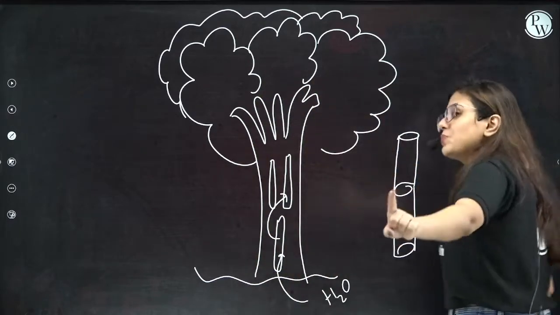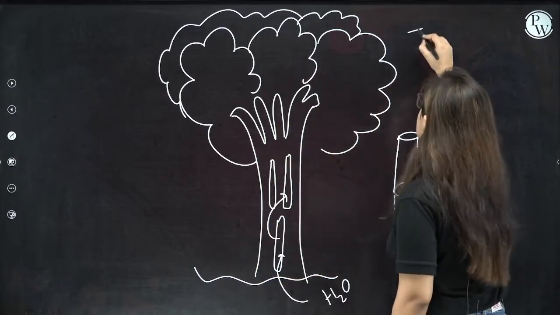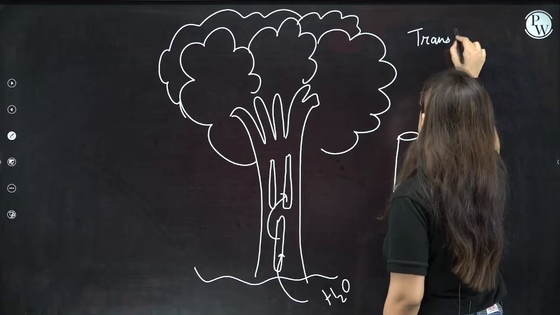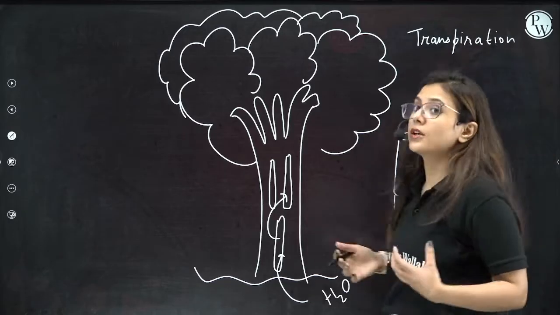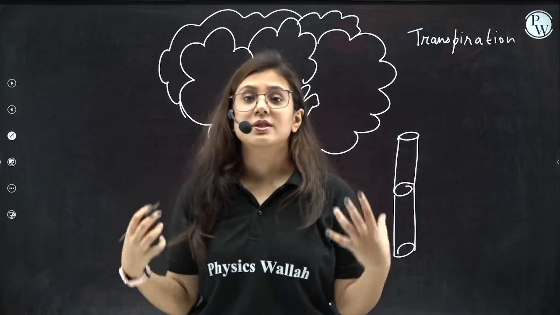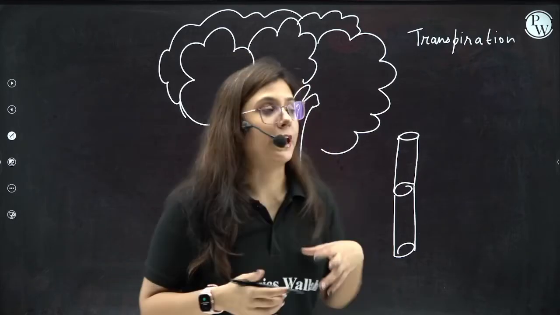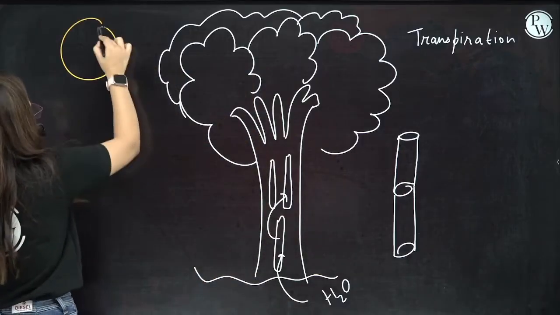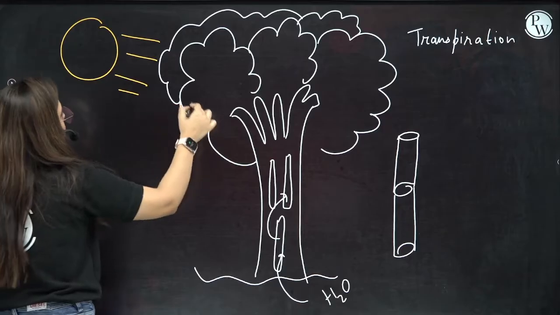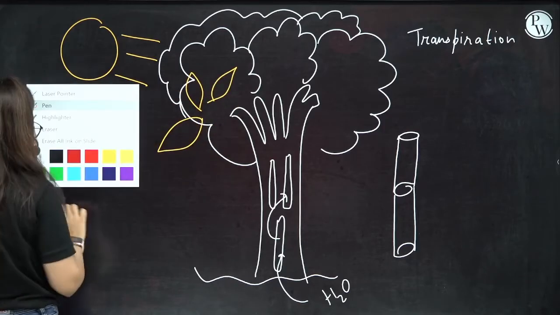So one more process that is helping in transportation of water is transpiration. So what is transpiration? Just like in summers we sweat a lot, our body produces a large amount of water that we call sweat, right? Same way, in the presence of sun, when there is scorching heat, these leaves also sweat. How do these leaves sweat?